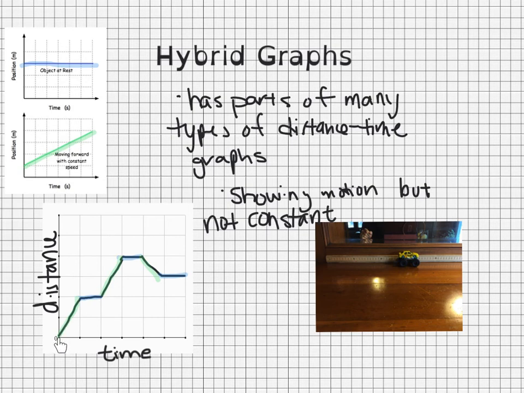The toy car went forward at a constant speed to 20 centimeters, then remained at rest. Then it went forward at a constant speed again to 40 centimeters and remained at rest. And then the toy car went backwards to 30 centimeters at a constant speed and remained at rest. Take a minute to jot that down.